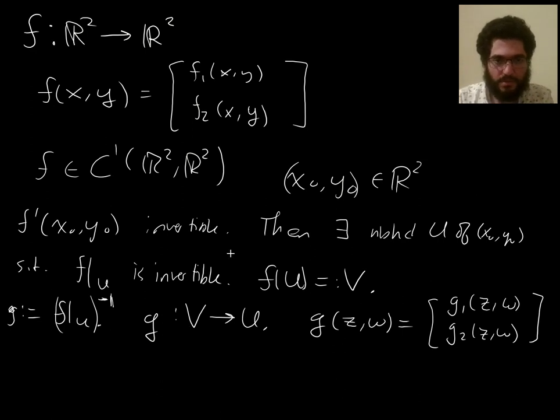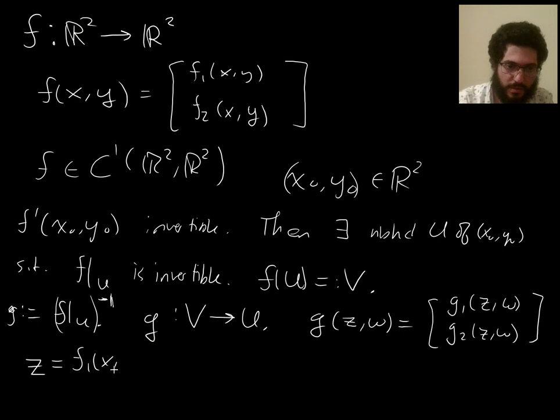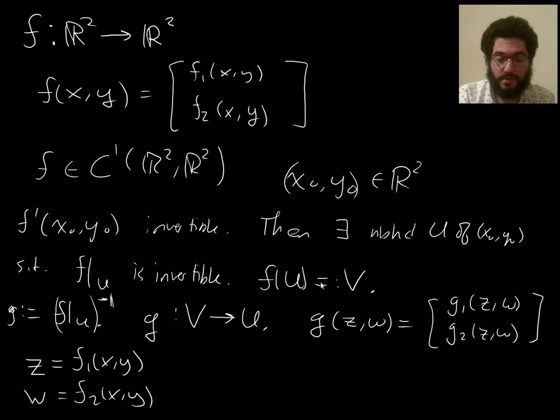So then, what we have is that if you ever want to solve an equation like z equals f1 of x, y, w equals f2 of x, y, then you can, as long as z and w live in V. So this is a system of equations.